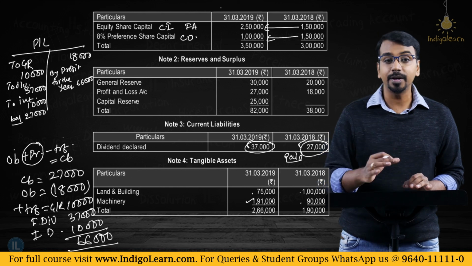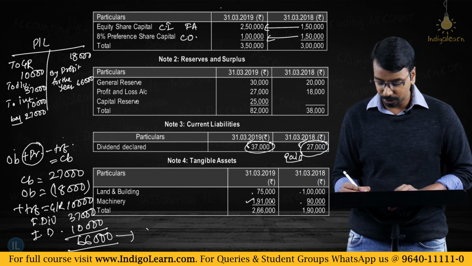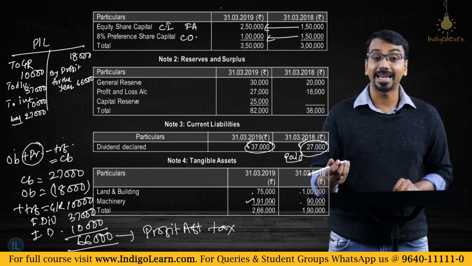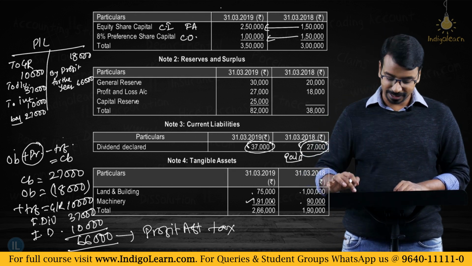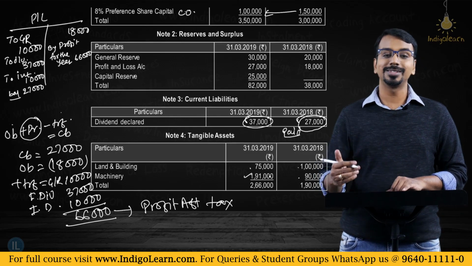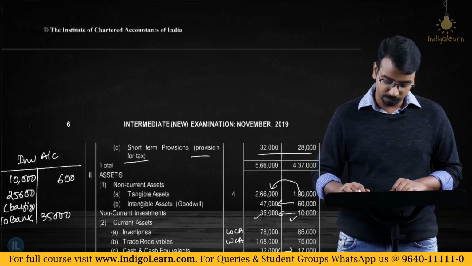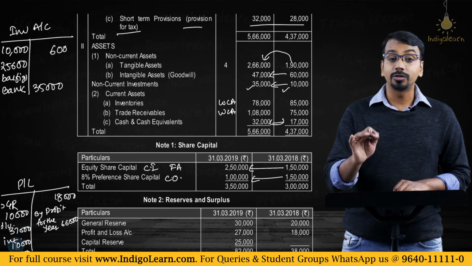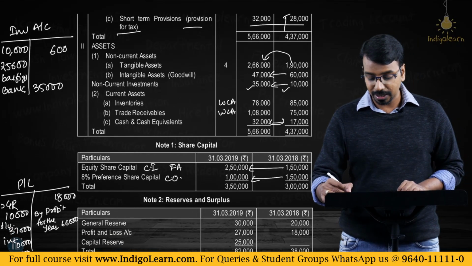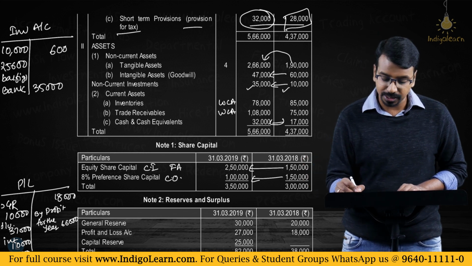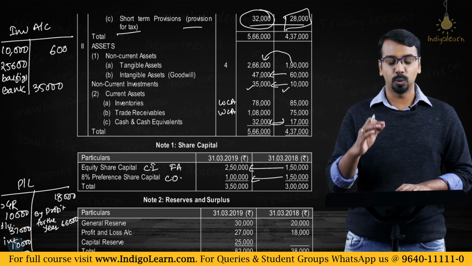Now this profit that we have arrived at is nothing but your profit after tax. Then how do we get the profit before tax? To this 66,000, you will add whatever is your provision for tax, and it's given in the question as 32,000, because the question says opening balance of 28,000 has been paid in full, which means this 32,000 represents current year provision only.